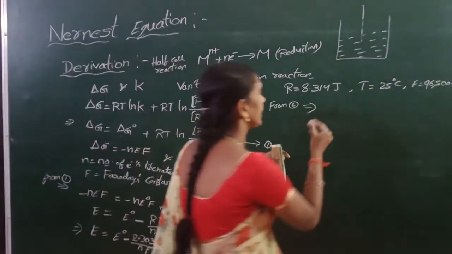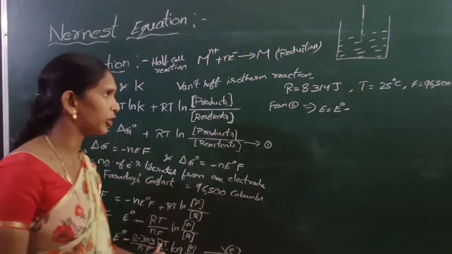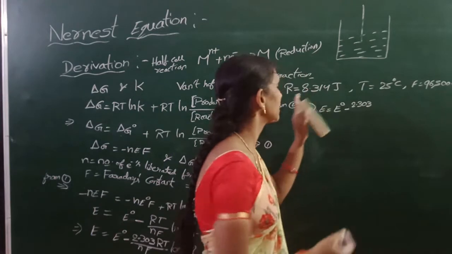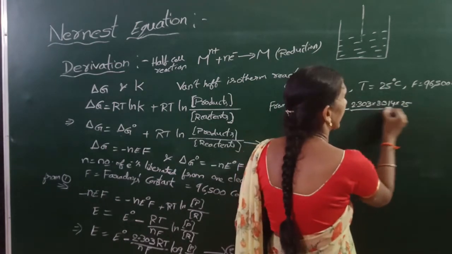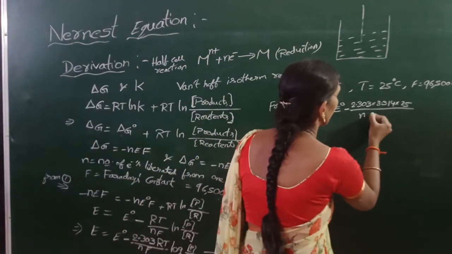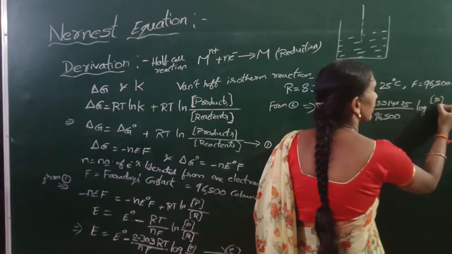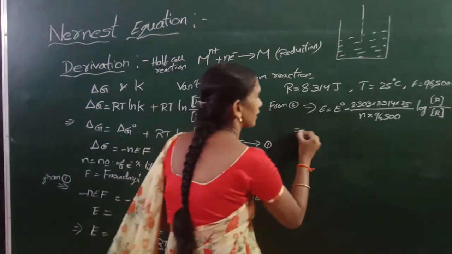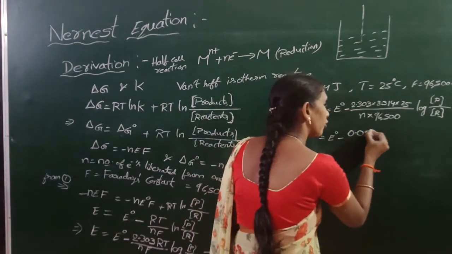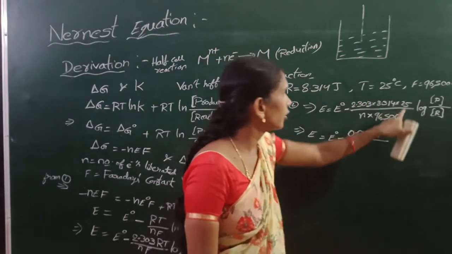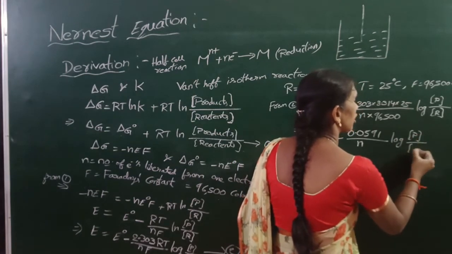The electrode potential E is equal to the standard electrode potential E naught minus 2.303 RT by nF, where R is 8.314, T is 25 degrees centigrade, and F is 96,500, into log [products] by [reactants]. From this, E is equal to E naught minus 0.0591 by n into log [products] by [reactants].